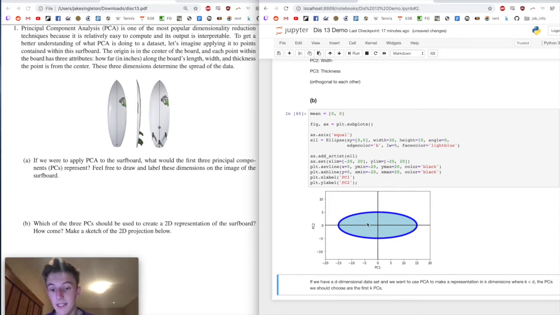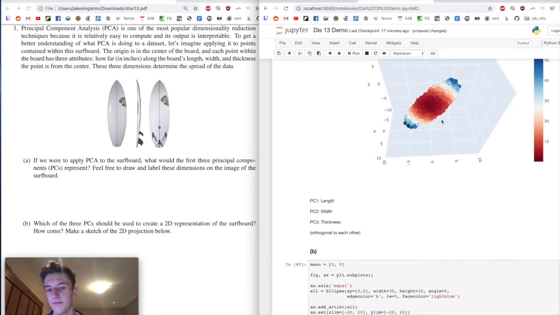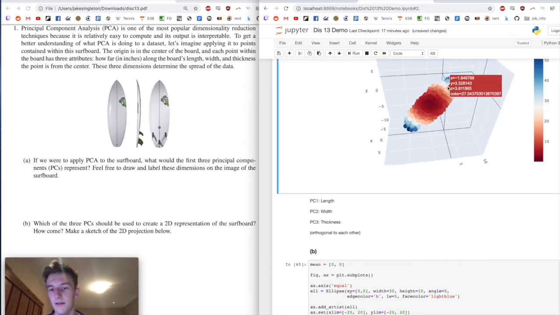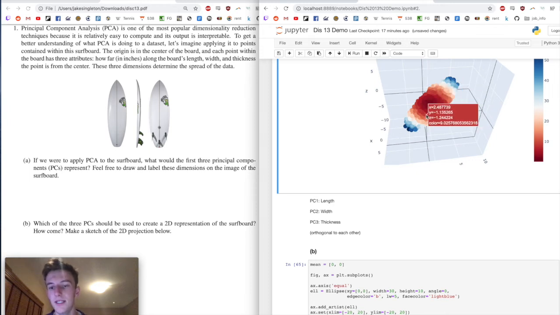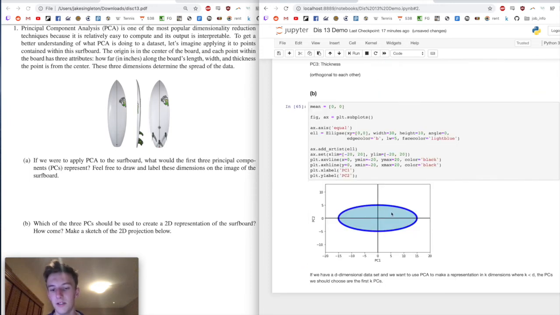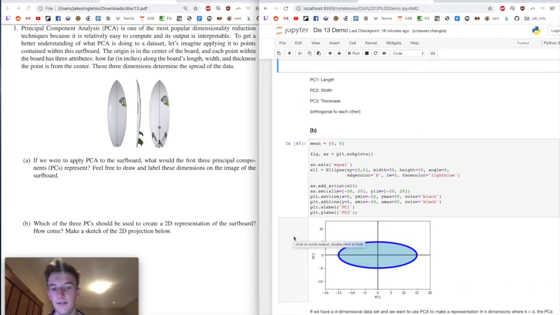This ellipse is what our 2D representation of the surfboard is going to look like. You can imagine if we have this surfboard and we're interested in the length and the width, we put that into 2 dimensions, it's going to look like this ellipse. And importantly, this ellipse is centered at 0, 0, since we always center our original data, as I was saying.